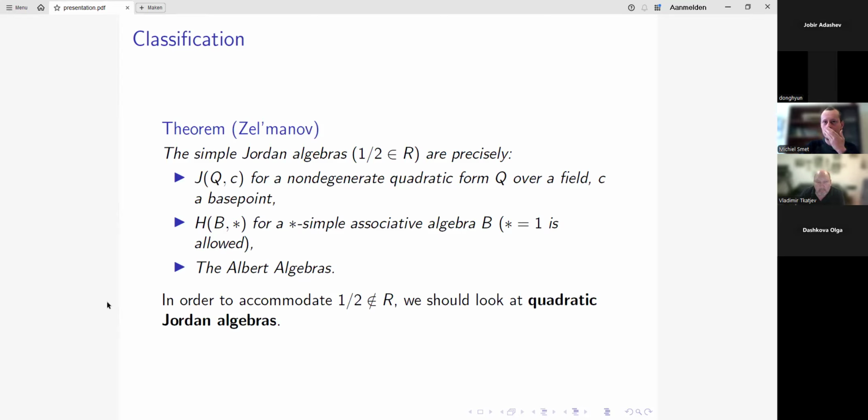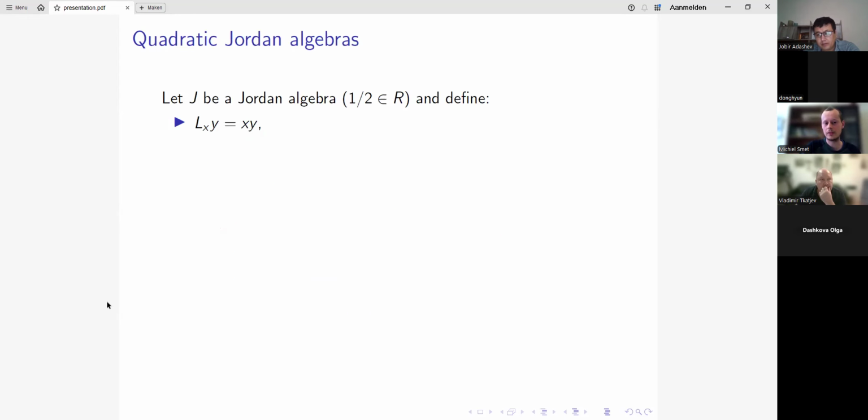Note that we made an assumption on R in our main example, and in this theorem we assumed that 1/2 was an element of our base ring. If you don't want to make that assumption, we should look at quadratic Jordan algebras. So I will define them now. I will explain how you can obtain a quadratic Jordan algebra from a linear Jordan algebra, and thereafter provide an axiomatization.